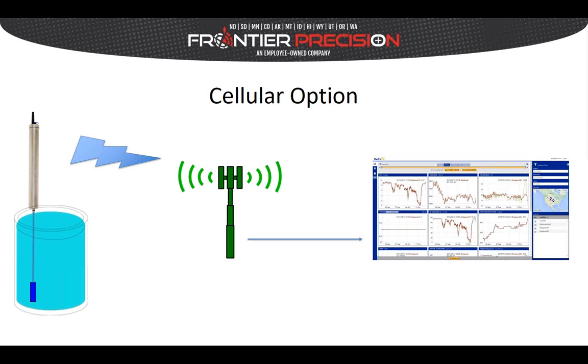So this is just preset up by the user to transmit data at a specified interval. So you can say, okay, I want the data every hour. I want to see the data every 15 minutes, every 4 hours. That's all set up by you. So it transmits the data on a user-specified interval. That, of course, goes out to the nearest cell tower.